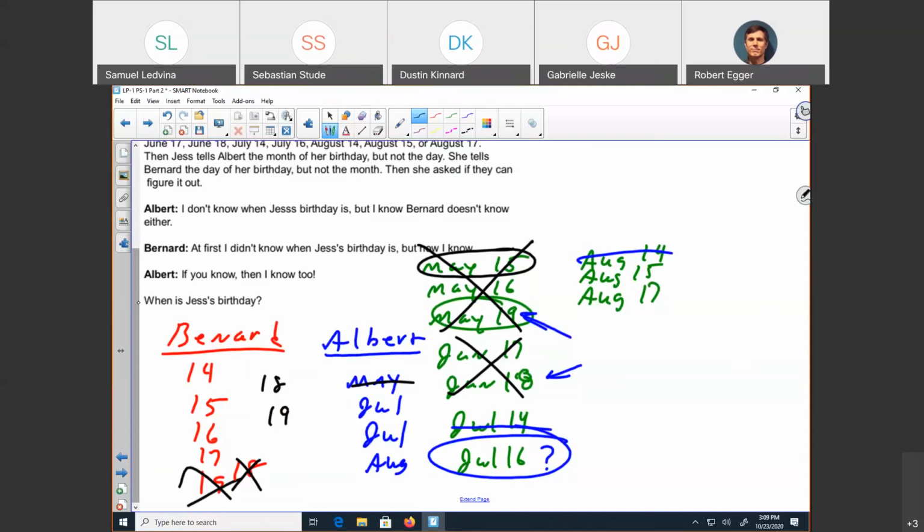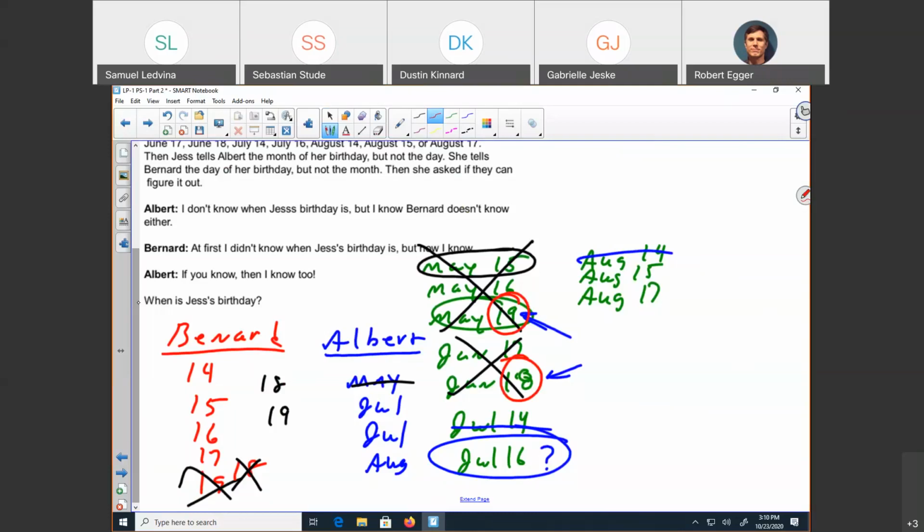So Albert was able to conclude that it's a date that has multiple repeats. The deduction was, since there's multiple numbers, it can't be this one or that one. Because if Bernard was told the 18th, he'd right away know June 18th.